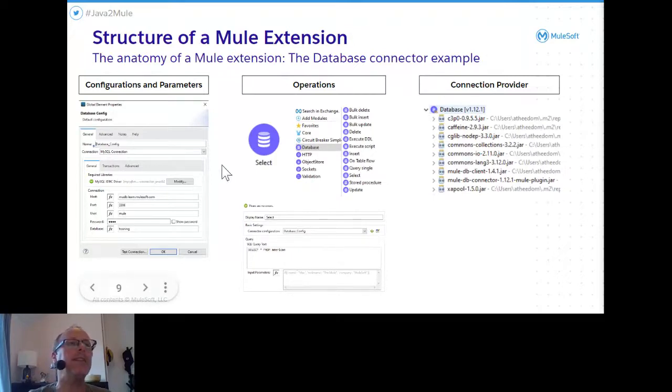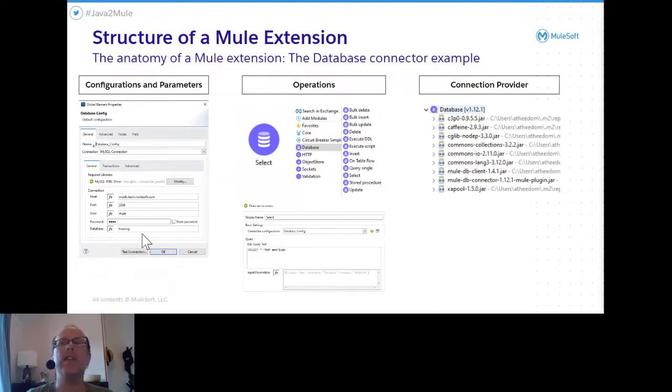And then on the left-hand side, we have the database connectivity. This is the configuration and parameters that are provided to allow the connectivity logic inside the connector to actually connect to that database. So we have the host, the port, the username, the actual database name.